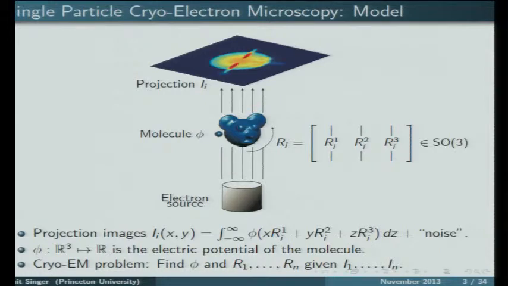What we measure is also known as the X-ray transform. This is a slightly different version of the Radon transform, for those of you who know tomography. The cryo-EM problem is an inverse problem. What we are after is the electric potential created by the molecule from these noisy projection images I_1 to I_N.